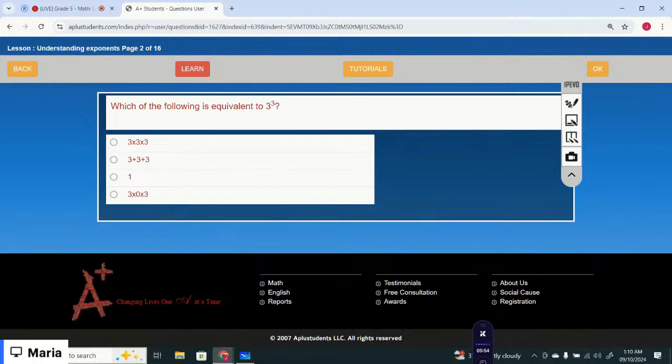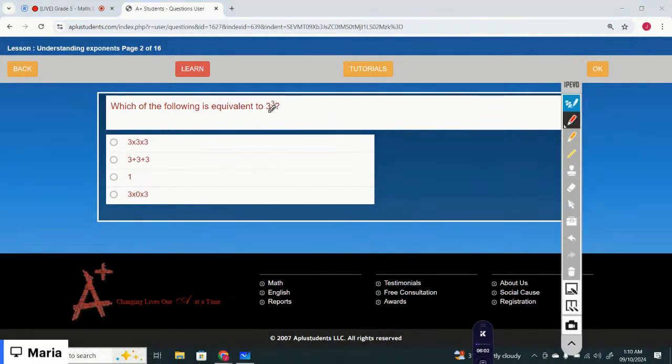Which of the following is equivalent to 3 exponent 3? So how do you write 3 exponent 3? 3 exponent 3 means you are going to multiply 3 how many times? You are going to multiply 3 times. You can do it like this: 3 times 3 times 3. Got it?